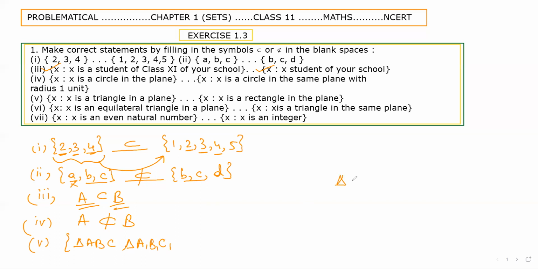No triangle is equal to a rectangle. That's for sure. They are not equal. So no element of the left hand side will be present on the right hand side, which is a set of rectangles. This triangle ABC could nowhere be found in the right hand side set. Hence, it is not a subset.